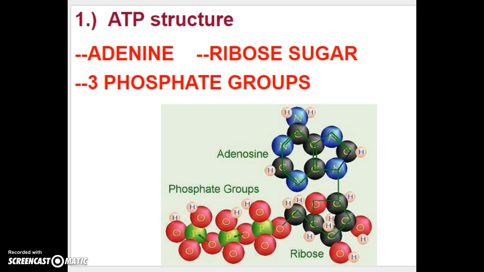In biology and chemistry, usually the suffix OSE means a sugar, and the suffix ASE means an enzyme. So ribose is a particular 5-carbon sugar. And the reason why we have the tri in triphosphate is because there are 3 phosphate groups.